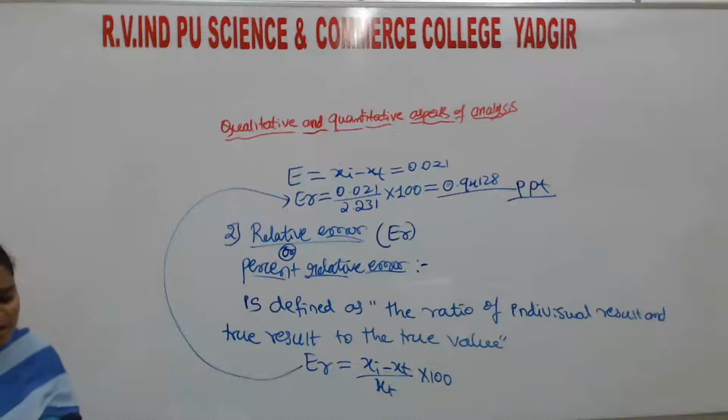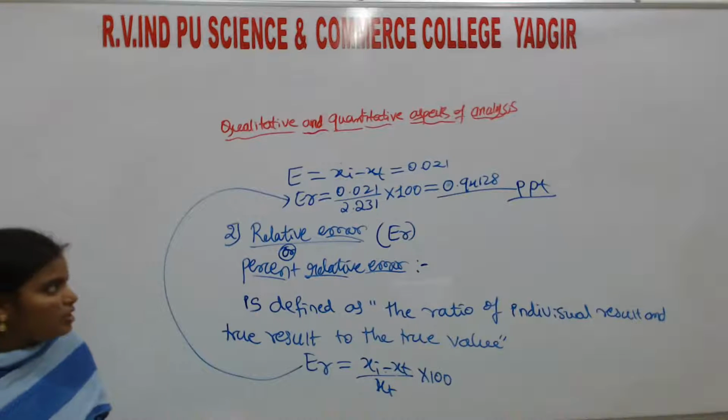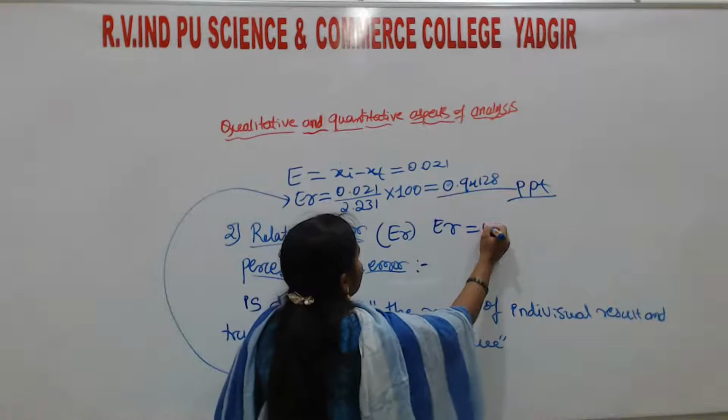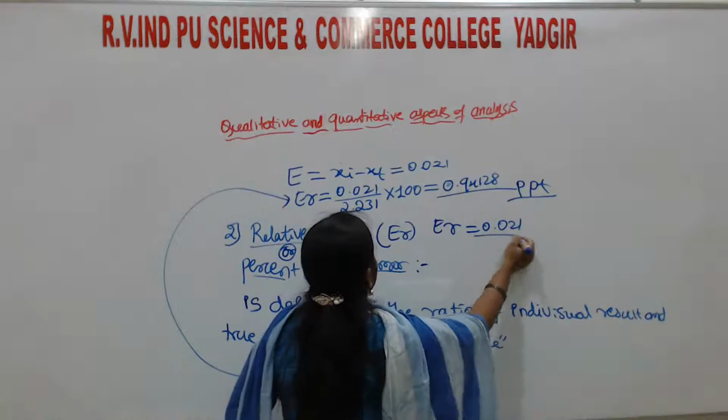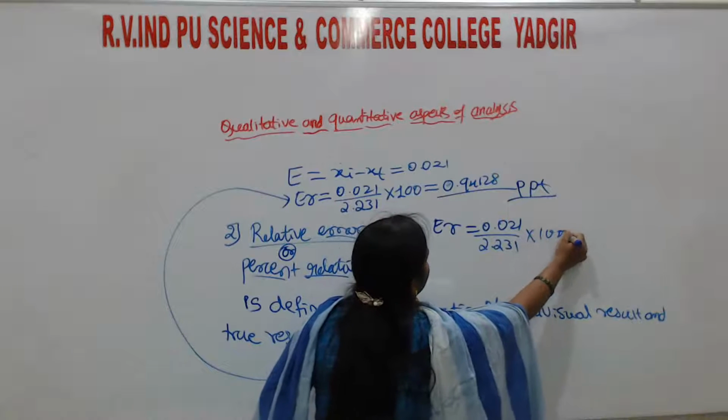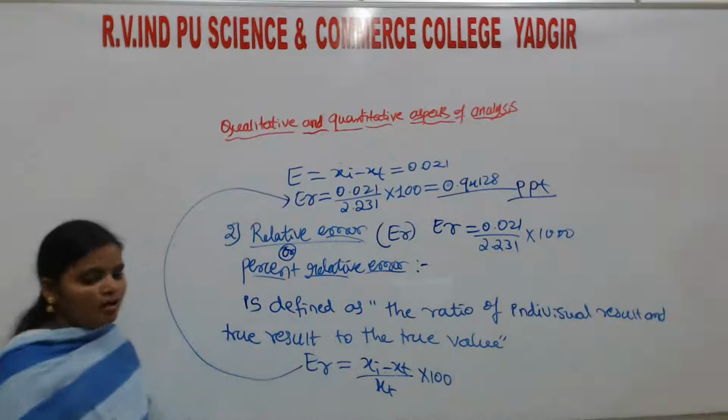Therefore it is written as multiplied by 1000. Here ER = 0.021 divided by 2.231 multiplied by 1000. This is the parts per thousand.